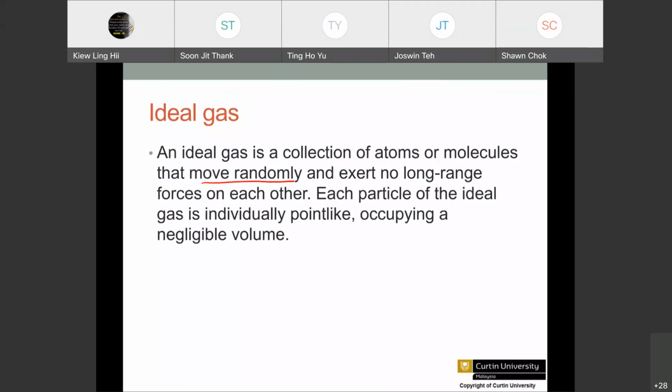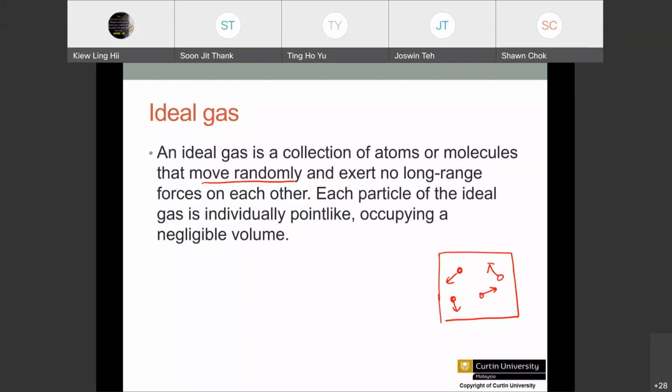Imagine you have a space with gas molecules inside and they are moving randomly, and exert no long-range forces on each other. So there are no forces between molecule and molecule, or atom and atom.